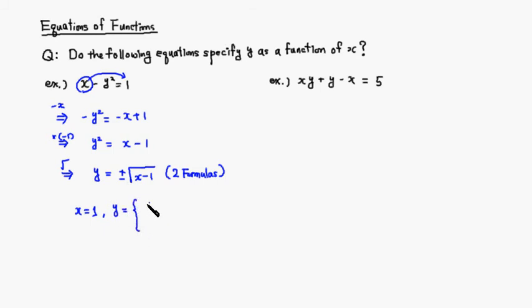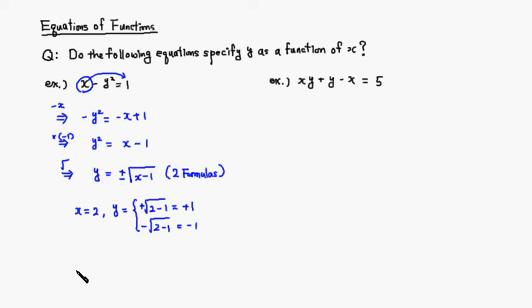The positive version would be the positive square root of 2 minus 1, which is positive 1, because the positive square root of 1 is 1. There's a negative version of that, which is negative square root of 2 minus 1, which is negative 1.